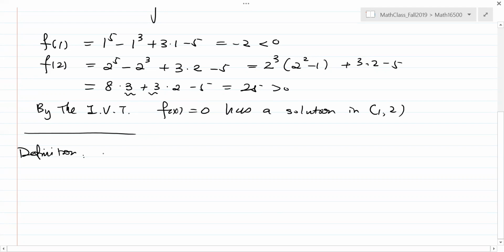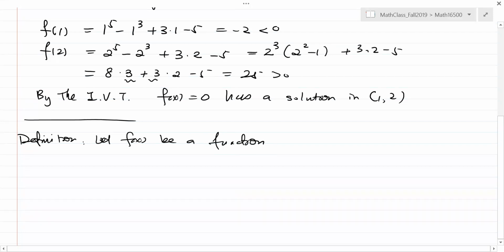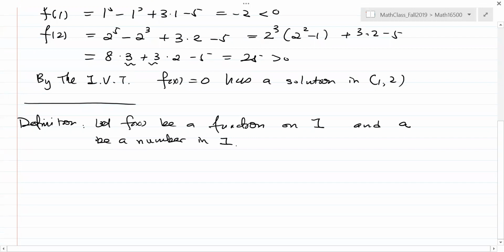Let f of x be a function defined on some interval, and let a be a number in the interval. If it's at an endpoint, we can only talk about a one-sided limit.